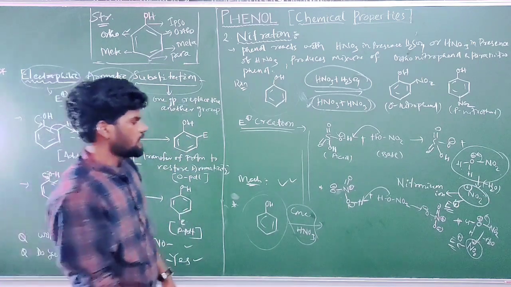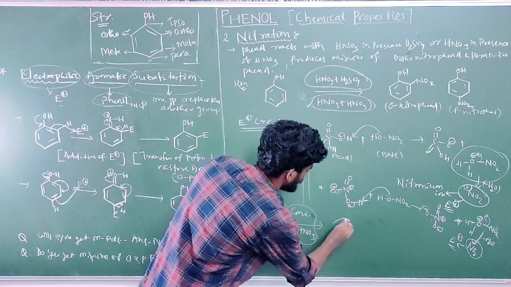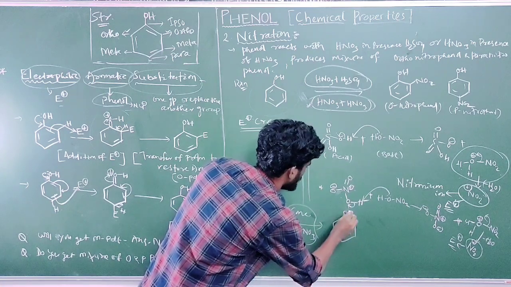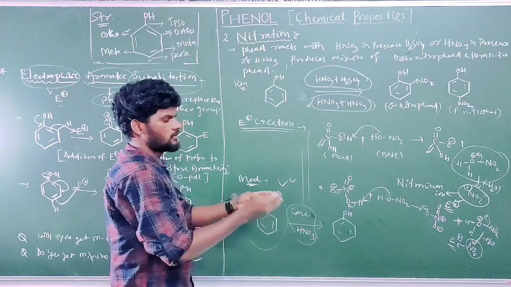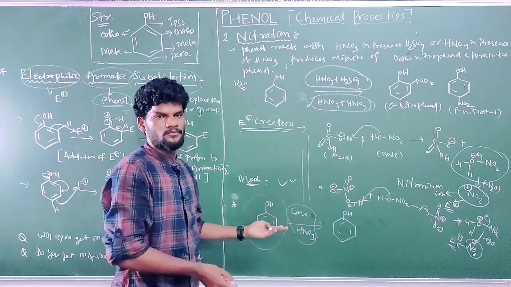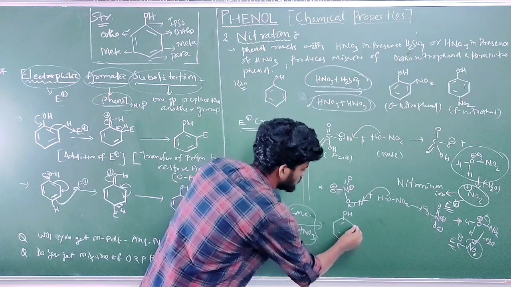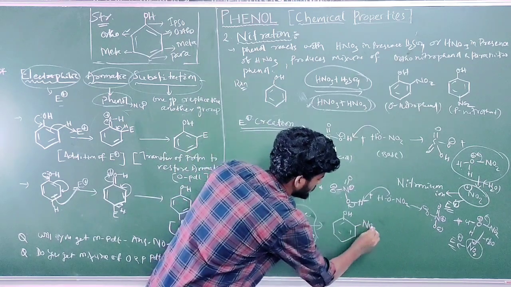That is why in case of concentrated HNO3 you will get tri-substituted product, as the concentration of NO2 plus created from HNO3 will be high in the surrounding, so it will give tri-substituted product.